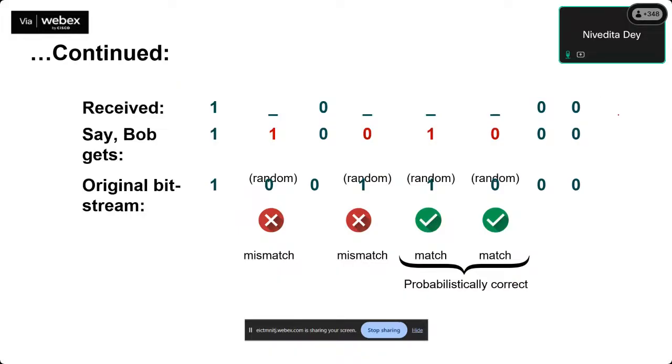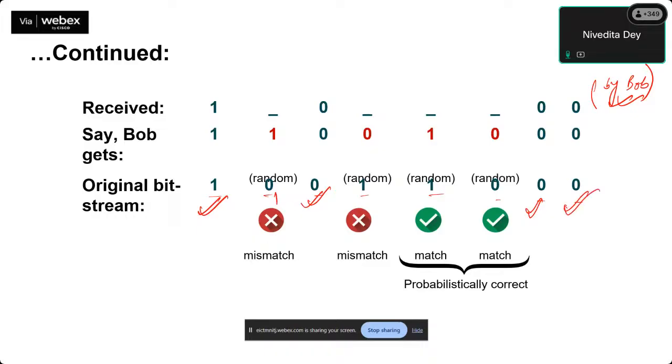Now say this is something that Bob received. So this is the calculation by Bob. Okay. Now say Bob gets 1 1 0 0 1 0 0 0, and the original bit stream was 1001 1000. So out of this you can imagine that this is supposed to be correct, and yes correct, this is also definite correct, definite correct, and definite correct.